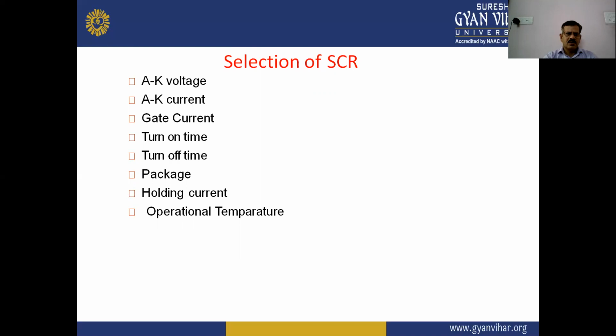First one is anode cathode voltage. Second is anode cathode current, and also consider gate current, turn on time, turn off time, package, holding current, and operational temperature. So these are some parameters for selection of an SCR.